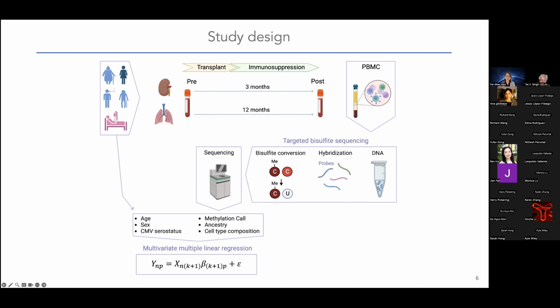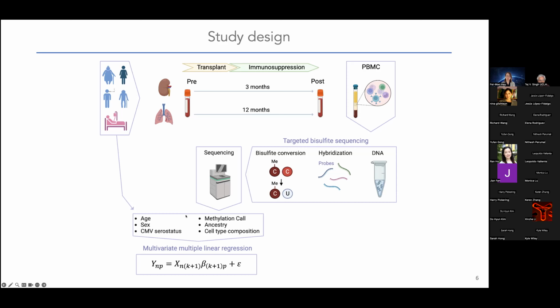So finally, we'll get the sequencing data, including methylation calls, and we can also get some ancestry information from the patients, and profile their cell type compositions from the methylation data we got. Together with the information we gathered from the clinical side, we will get their demographic records, including a wide range of age, different sex, and the most important part, their CMV serostatus.